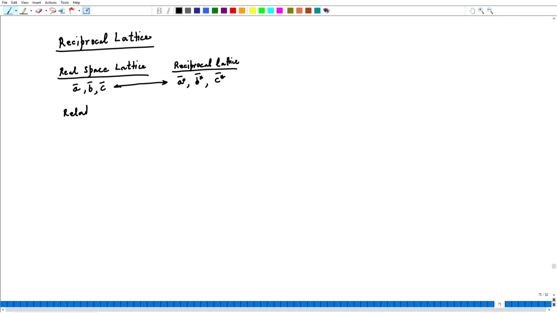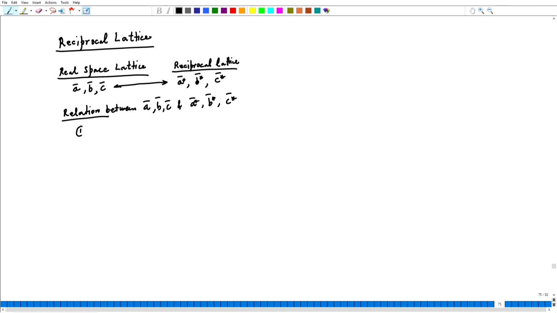So, the relation between A, B, C and A star, B star, C star. Well, in terms of dot products, I can write a set of relationships as follows.